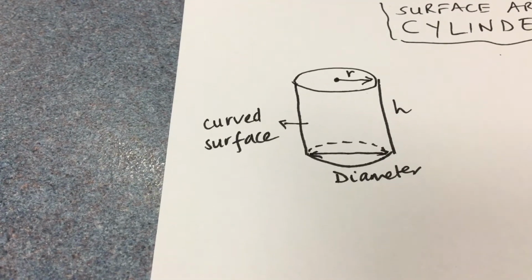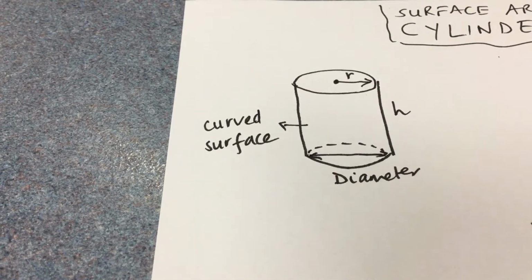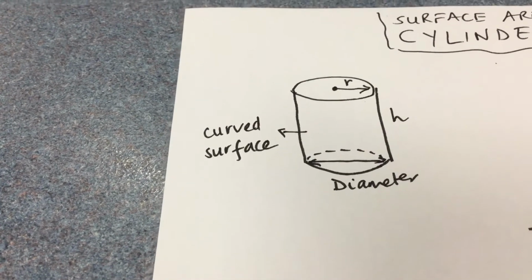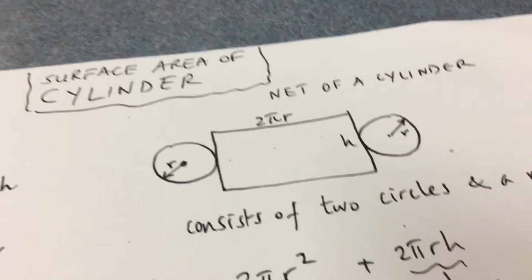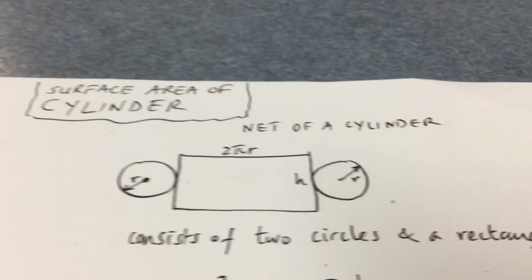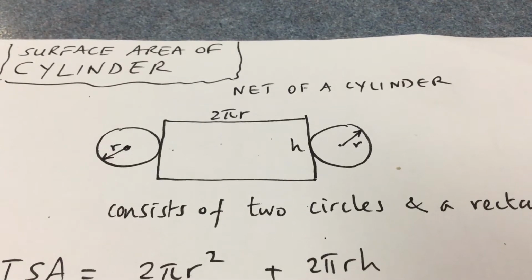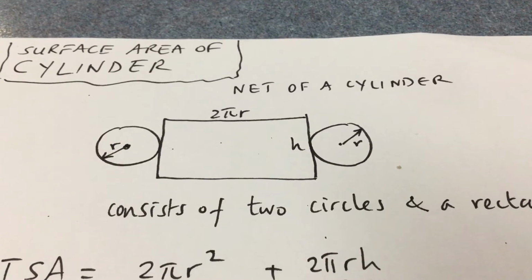And so now we're going to see the different components consisting in a cylinder, which is called the net of a cylinder. So this is how the net of a cylinder looks like. You have two circles, the top and the bottom circular bit, and then the curved surface, which is a rectangle.